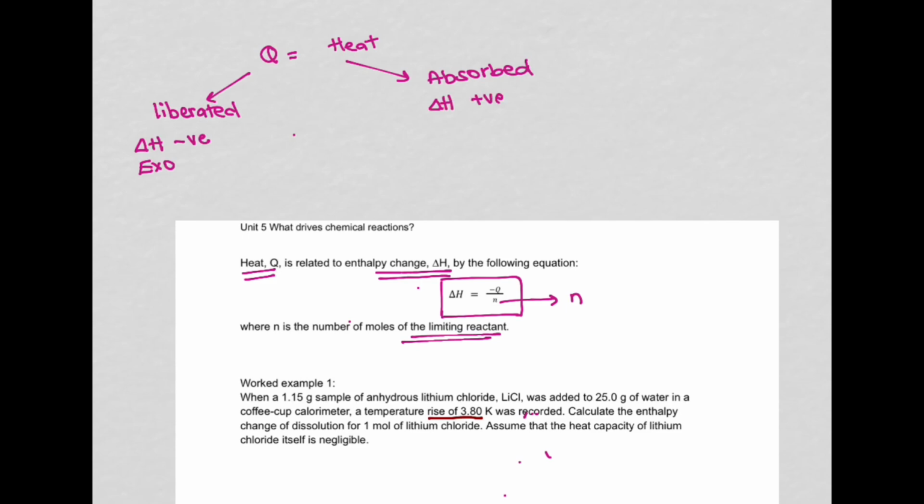Now, Q is heat. You can have a reaction where heat is liberated or a reaction where heat is absorbed. If heat is liberated, delta H is negative because it is exothermic. And when heat is absorbed, delta H is positive because it is endothermic.